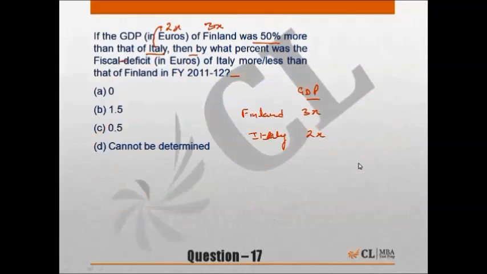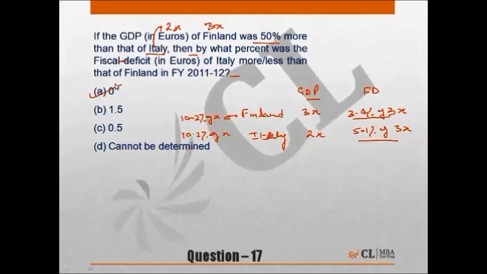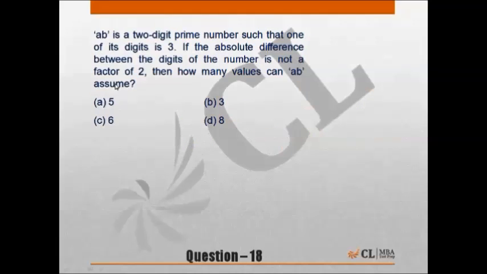So the fiscal deficit of Finland would be 3.4% of 3x, while this will be 5.1% of 2x. Or the total for Finland would be 3.4 into 3, that makes it 10.2% of x, and this also is 10.2% of x, hence the answer has to be 0. There is no difference between the two.